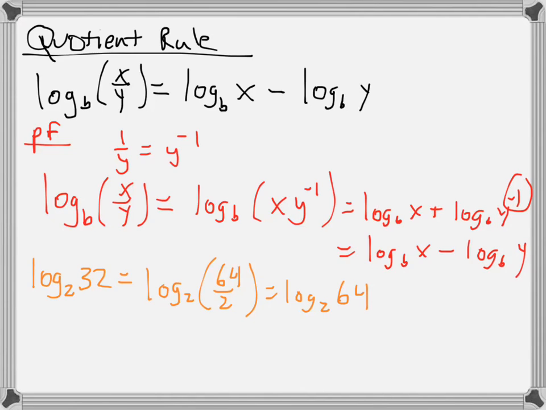So this is the same as the log base 2 of 64 minus the log base 2 of 2. And log base 2 of 64, 2 to what power equals 64? 6, good. And log base 2 of 2 is 1, so this is 6 minus 1. This gets me 5, which again, looking at my original problem, I knew that 2 to the 5th power is 32. So yet another way of proving it.